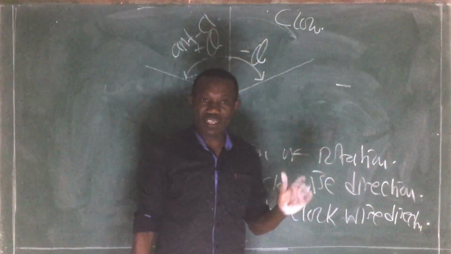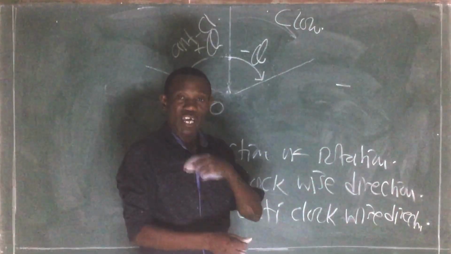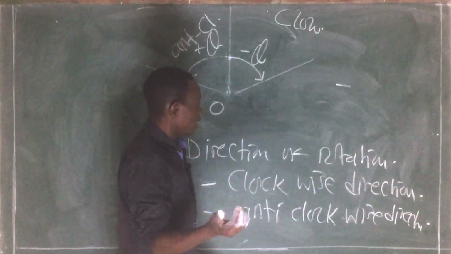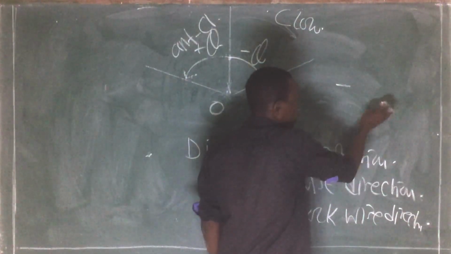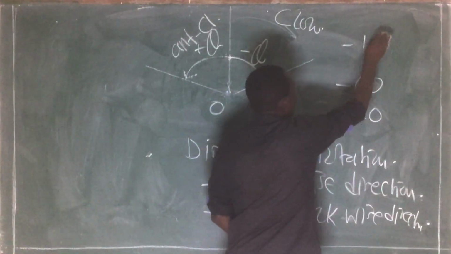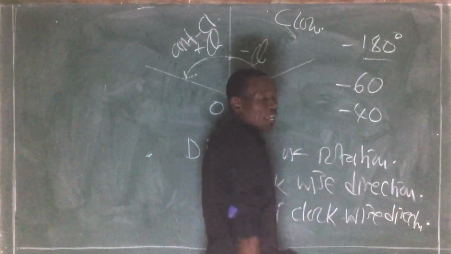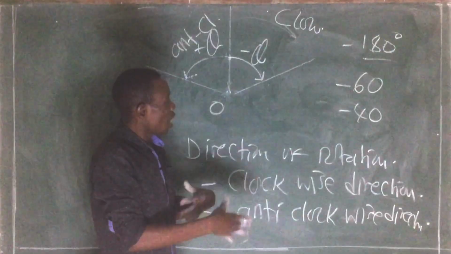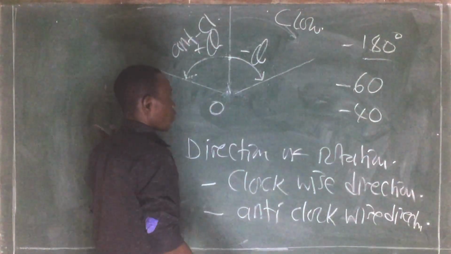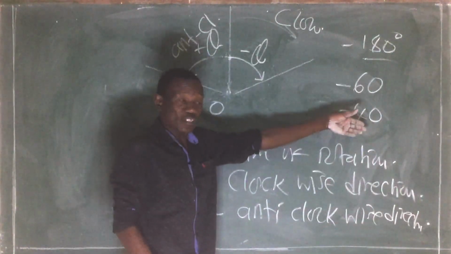So every time the angle of rotation is given as negative, know for sure that the object is rotating in the clockwise direction, that is to your right-hand side. The angle of rotation can be negative 60 degrees, negative 40 degrees, negative 180 degrees. It depends on the way the object rotates. But if you talk about anti-clockwise, the opposite is true.